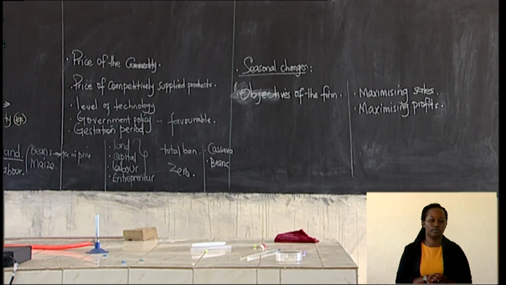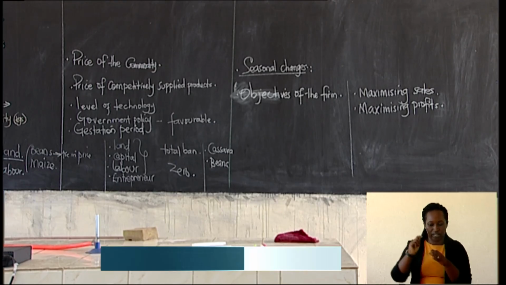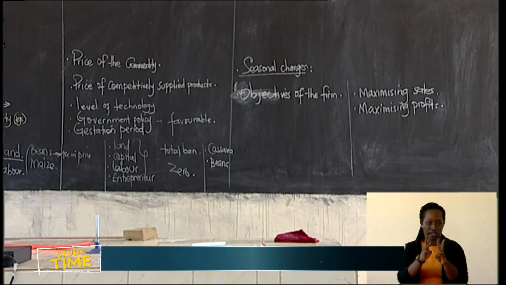So you can see how different factors determine the quantity supplied of a commodity to the market. You should be able to explain them in two ways, because we are saying factors that determine.